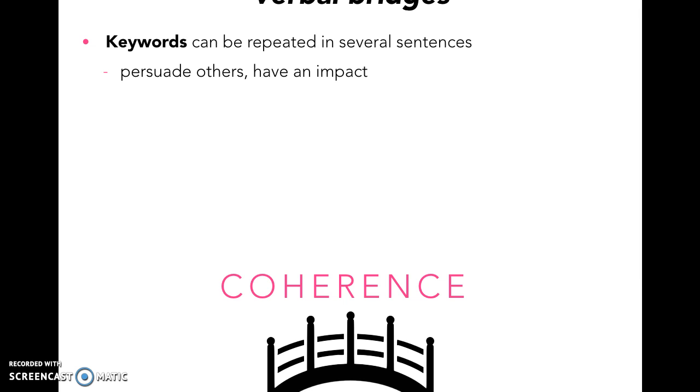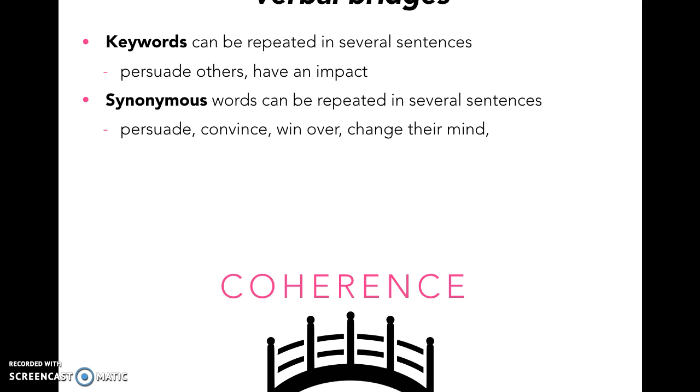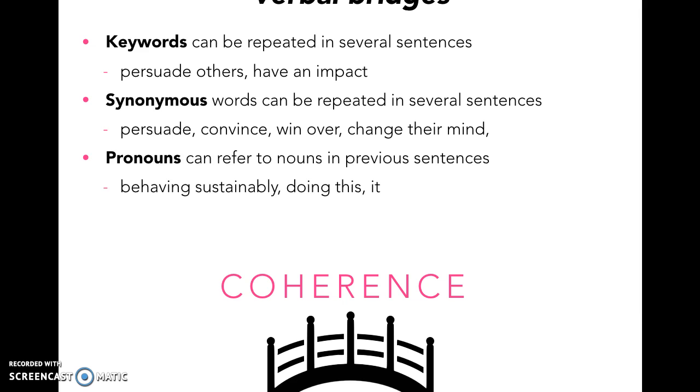If it's about persuading others or having an impact, you're going to see this quite a few times through the paper. But we don't want to just repeat the keywords. We also want to use synonyms or synonymous words. For example, if we use persuade, we can change that to convince, win over, change their mind. It's good to vary language to prevent the reader getting bored.